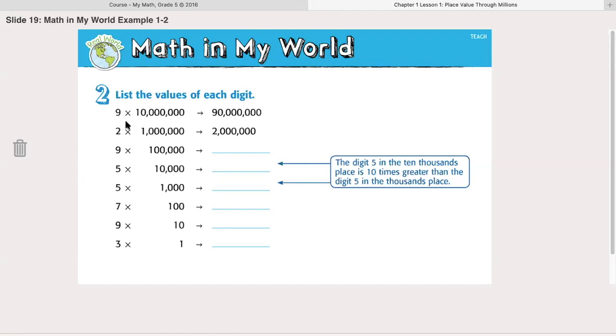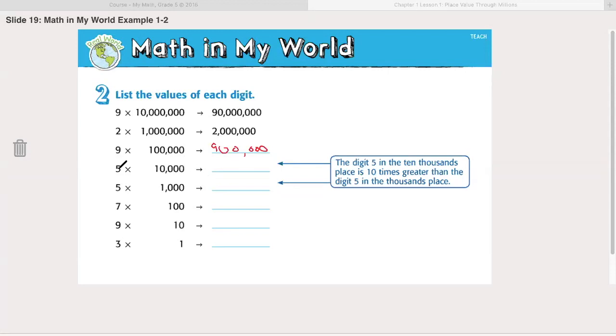If the 2 is placed at the 1 million mark, then its value is 2 times 1 million, which would be 2 million, and so forth. So the next 9 is placed in the hundred thousands position. So it is 9 times 100,000. Therefore, it is worth 900,000. That is its value according to its place value.